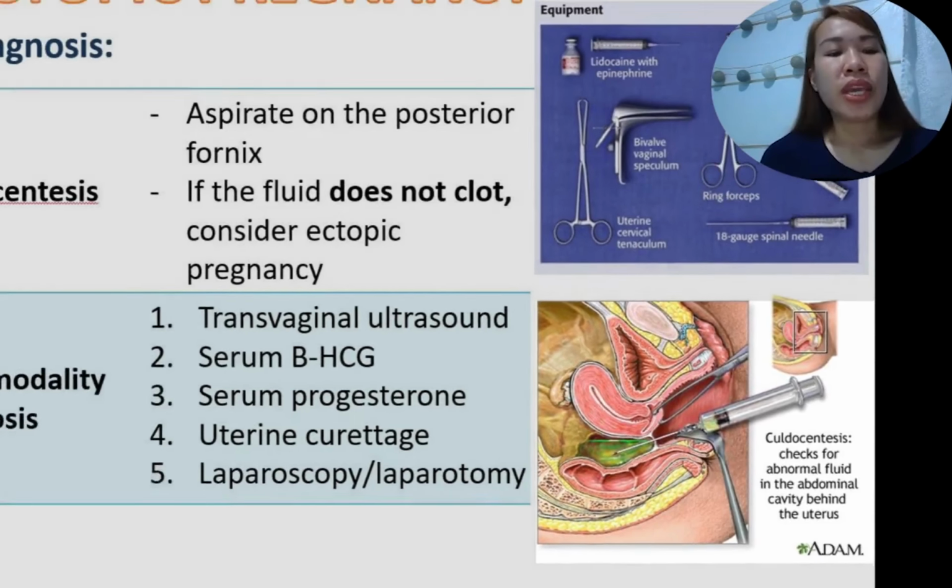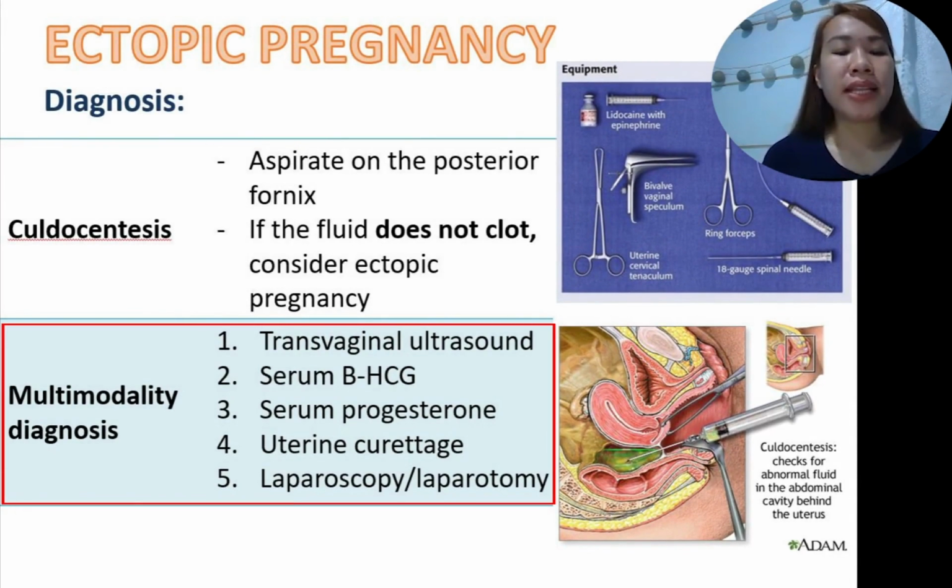Okay? So here, for our multimodality diagnosis, meaning we're going to combine different diagnostic tests, we have transvaginal ultrasound. If we do not see any fetal pole or gestational sac or yolk sac in a transvaginal ultrasound, and it is associated with a serum beta HCG that is elevated, it means the woman might be pregnant, but there is no intrauterine pregnancy.